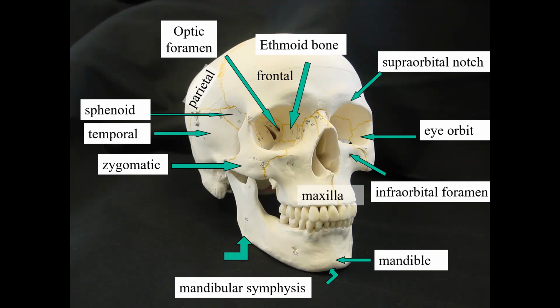And our skeleton for the first 6 weeks is made of cartilage. From conception to 6 weeks out, our skeleton as it forms is made of hyaline cartilage. And the bones of the top of the skull, frontal, parietal, temporal, and so on, are made out of membrane.